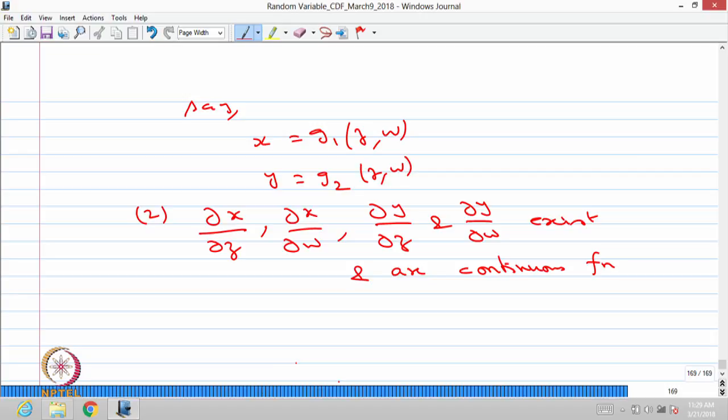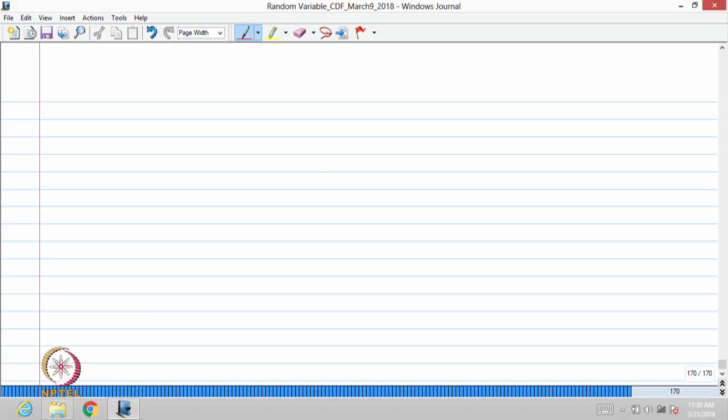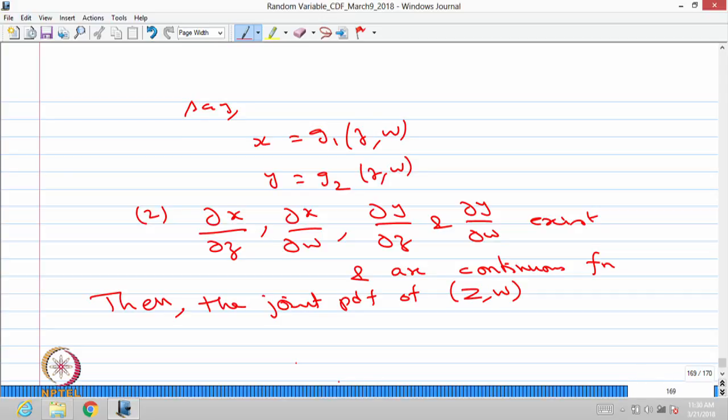With this assumption, I am going for concluding that the joint probability density function of (Z, W) can be written as the probability density function of (z, w) as a function of z and w in terms of the joint probability density function of (x, y) by replacing x by, if you see, after solving x in terms of z and w we got g1, and for y you are getting g2.